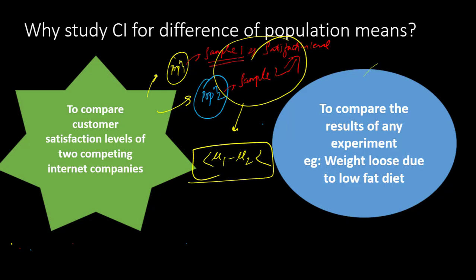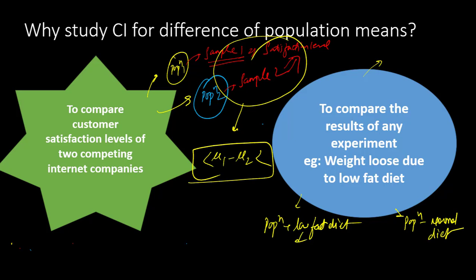Similarly, when we conduct an experiment, we should check whether the experiment has resulted in any efficiency or desired outcome. Suppose there are two populations, one on a low fat diet and the other on a normal diet.